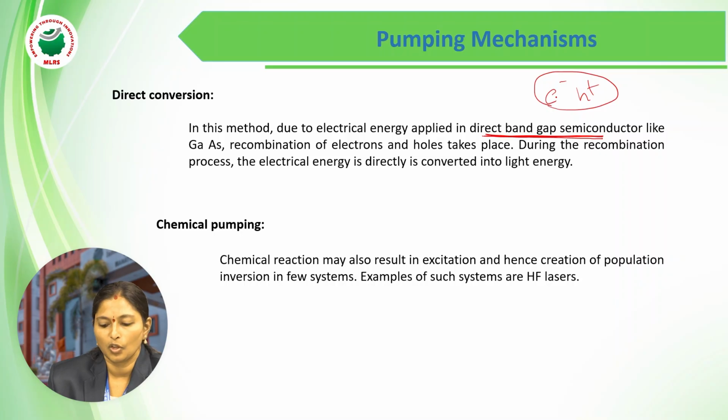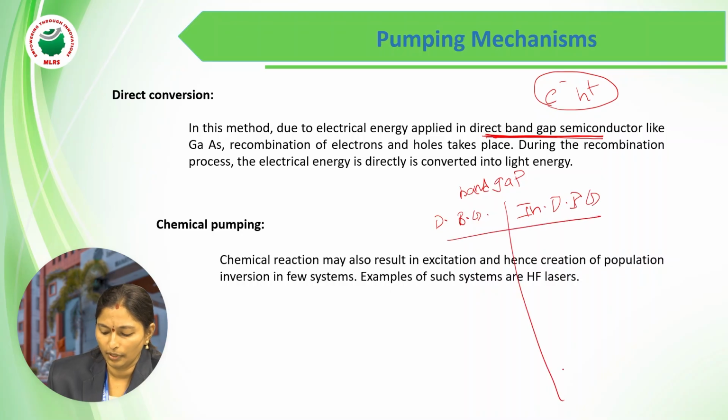Here two types of charge carriers. In the same way we have two types of band gap: one is direct band gap and the second one is indirect band gap. I will give a very brief explanation of direct and indirect.